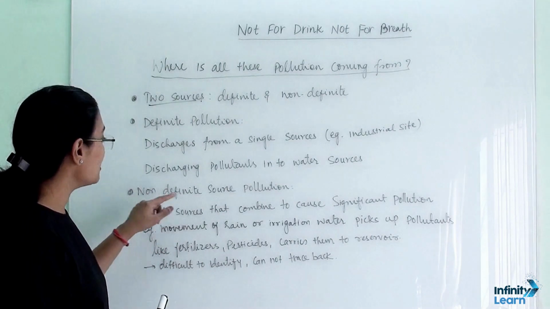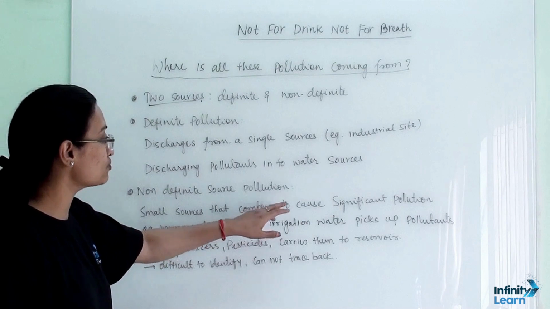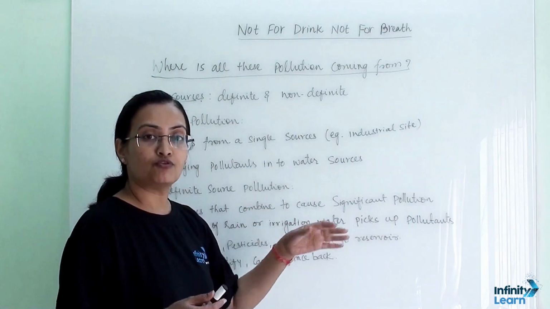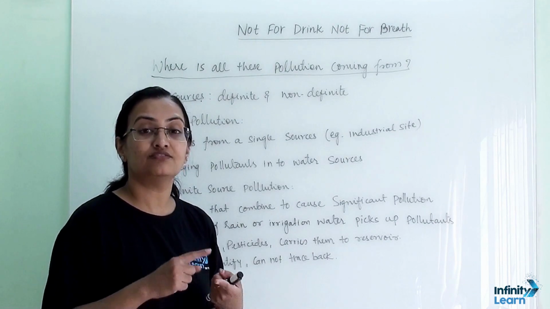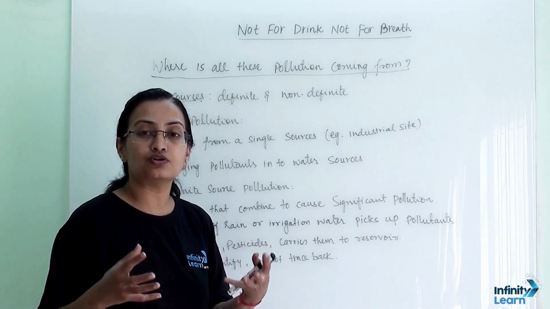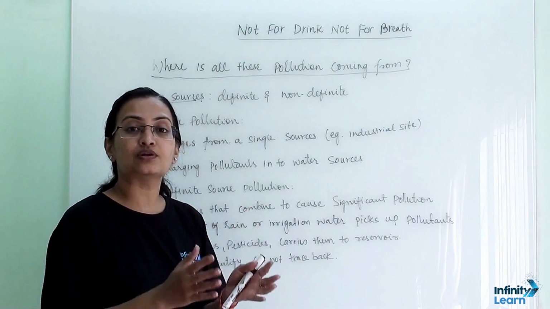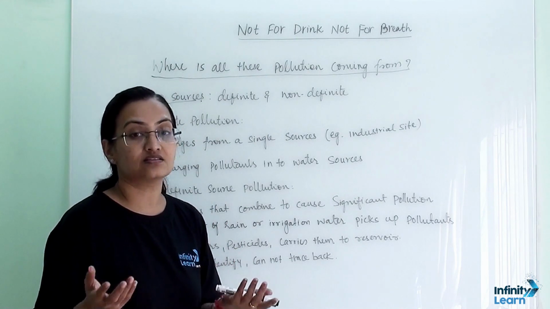Now, non-definite source of pollution means small sources that combine to cause significant pollution. For example, the rainwater is flowing and it is taking along with it fertilizer, herbicide, insecticide, pesticide, all this pollution along with the rainwater, and it will go and mix with the reservoir like a lake, pond and some river.